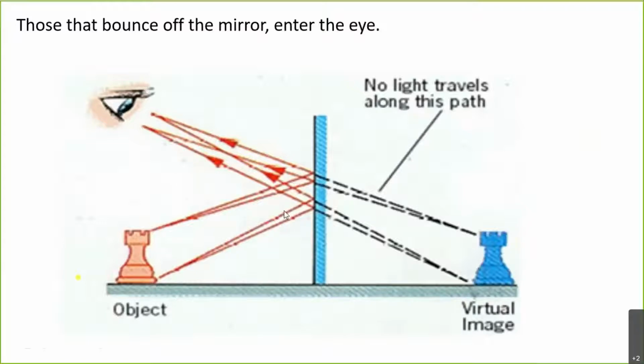But if you look, what's happening is we see an image that looks like it's coming from behind the mirror. If we were to extend the reflected rays, let me draw them for you.